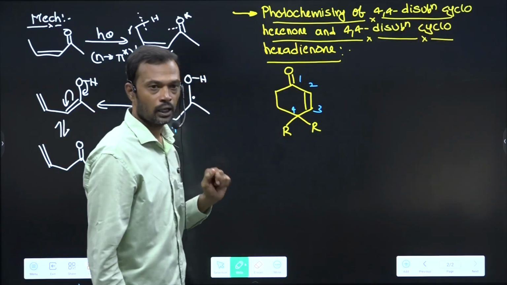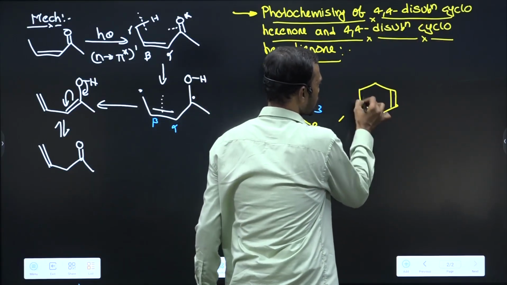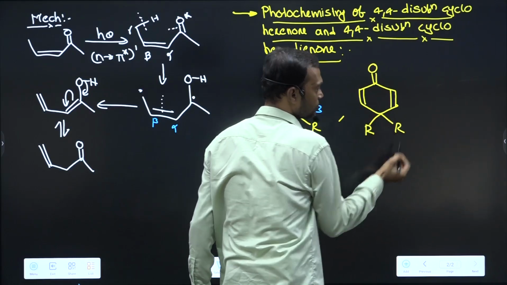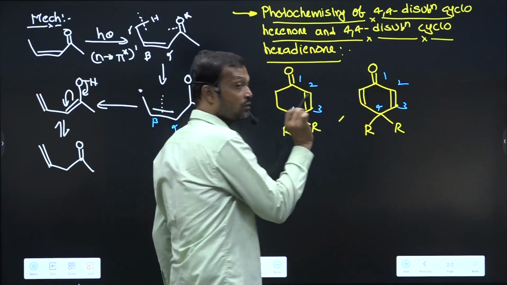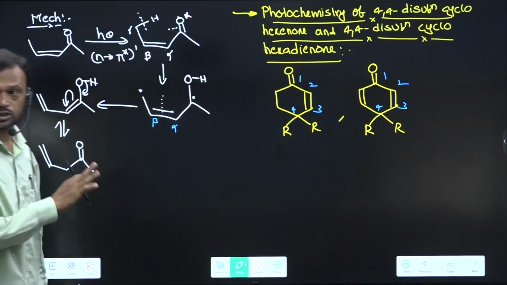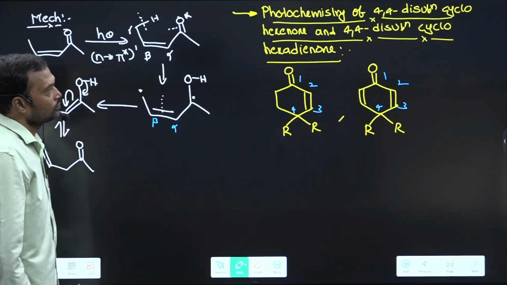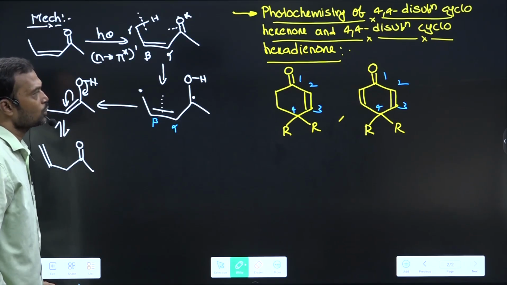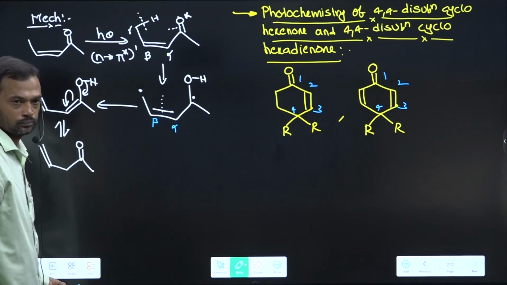And what is one more? Dienone. So the name rearrangement also belongs to this family. This is R and this is R. If these molecules appear anywhere, be careful. Most expected questions will come from here. Di-pi-methane rearrangement, oxa-di-pi-methane also comes from this area. Photochemistry of 4,4 disubstituted cyclohexanone and 4,4 disubstituted cyclohexadienone.